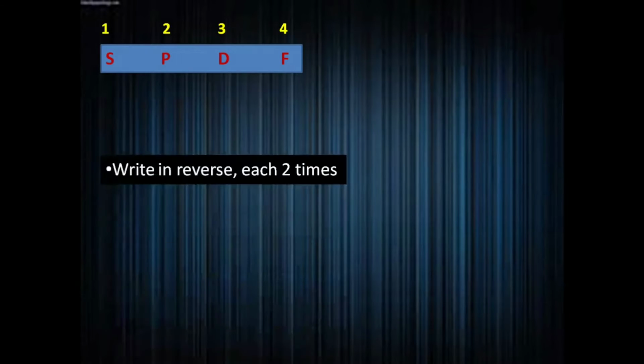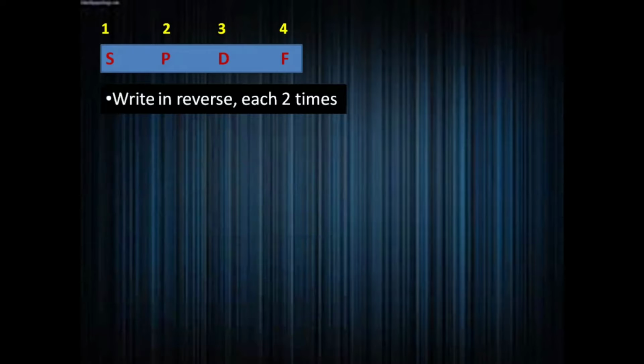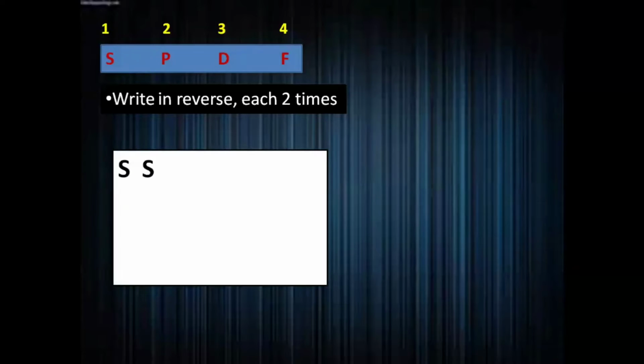The first point is, write in reverse, each 2 times. First we have to choose s and write s 2 times. Next we choose p, and write p 2 times, also in reverse: ps, ps, ps, ps.